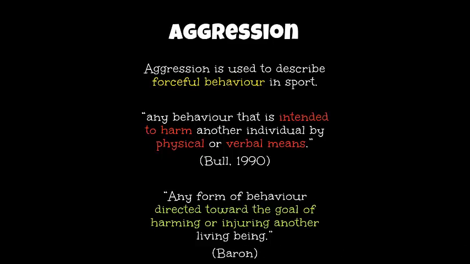This one by Barron describes aggression as any form of behaviour directed towards the goal of harming or injuring another living being. So this concept of intention to harm, injuring, physical, verbal means, that's this whole notion of being aggressive in this concept that we're talking about.